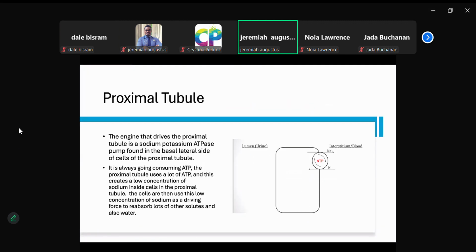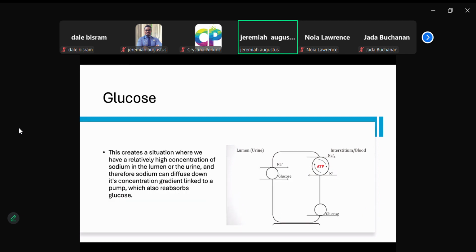So we're back here now, right? I wanted you to first understand this part. This is step one: create a concentration gradient. We're going to create a concentration gradient of sodium and potassium. Step two: now we have a lot of sodium leaving the cell, right? We have all this nice concentration gradient that was created, a low sodium concentration in the cell of the nephron.